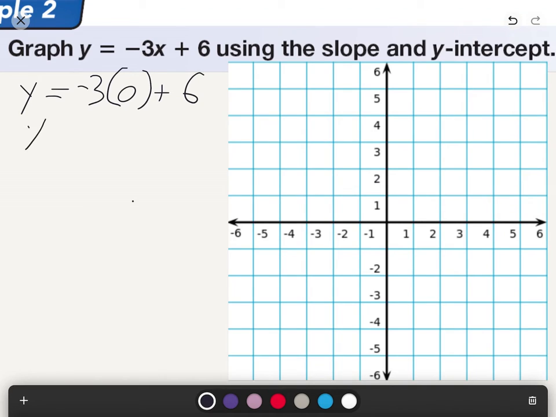So this is 0 plus 6. So the y-intercept is 6. So that means we go at the very top of the graph here, and we have now plotted our y-intercept for this equation.